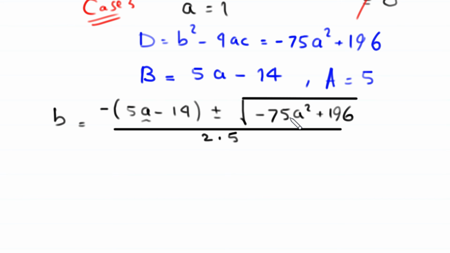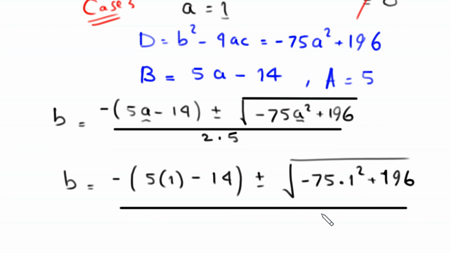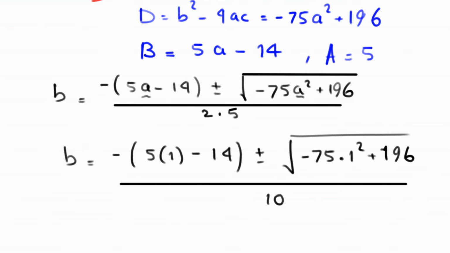Replace this a and this a with this 1, so this will become b is equal to negative 5 times 1 minus 14 plus or minus the square root of negative 75 times 1 squared plus 196, divided by 10.